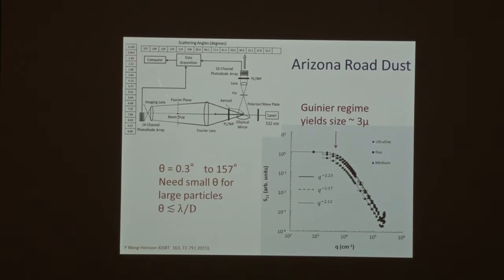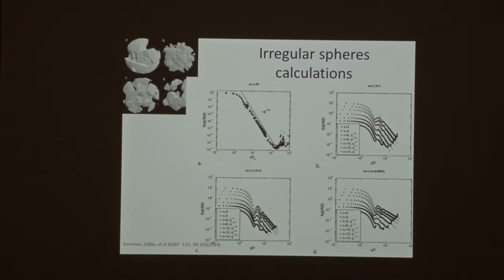So that gives us a good range of Q. And her first experiments were with sort of a classic powder aerosol, Arizona road dust. And you can see again, we get power laws, a slight enhanced backscattering, a Guinier regime. They're about 3 microns in size, and quantified power laws.